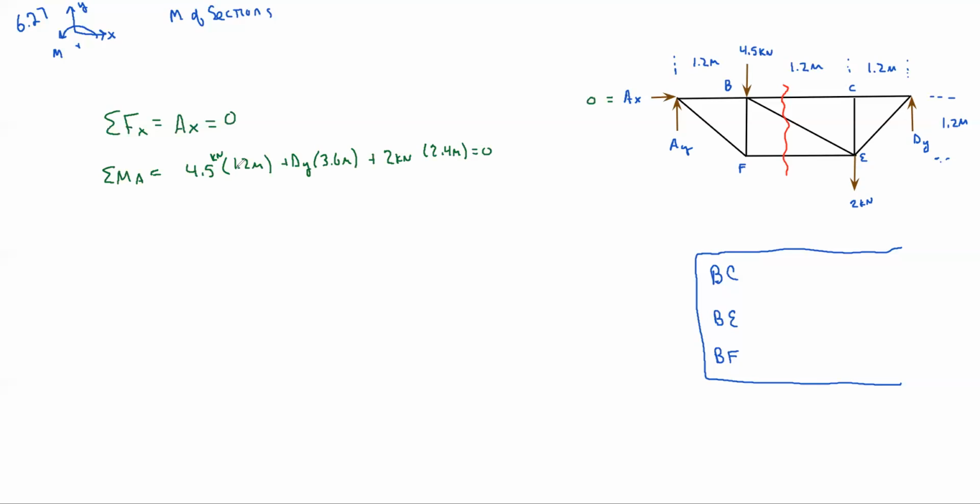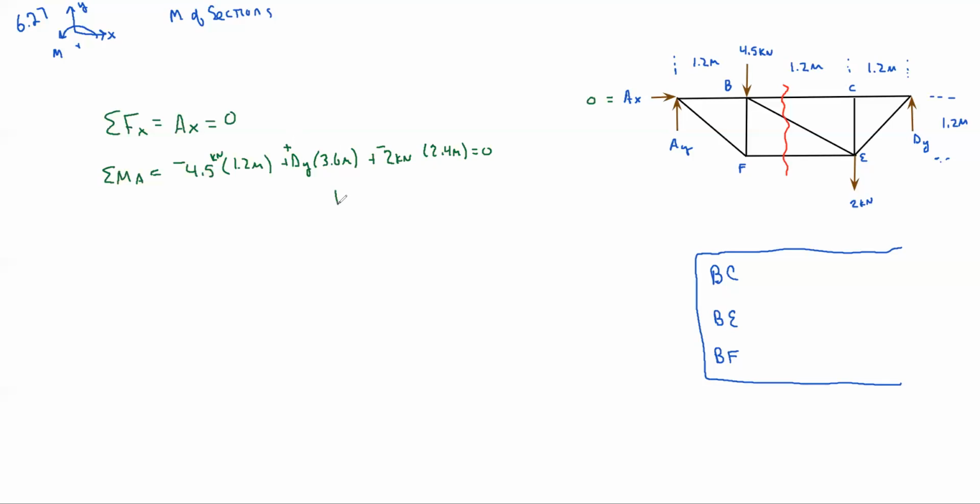Let's see about direction. If we're rotating about point A and we're pushing down at B, that causes a clockwise rotation, which is negative. DY is going to cause a counterclockwise rotation, which is positive, and the external force at E produces a clockwise rotation, which is negative.